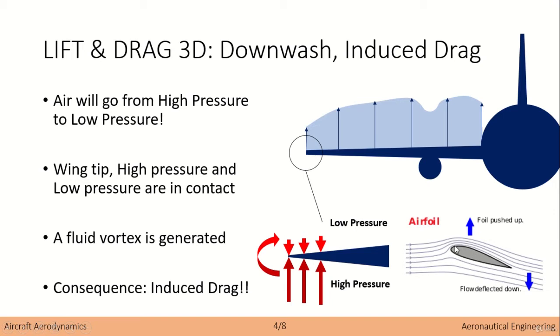So the wing is some kind of surface, some kind of material, which is separating the low pressure on the top and the high pressure on the bottom. And because we have a different pressure on the top and on the bottom, and there's a fixed material in the middle which effectively separates the different pressures, we will have the foil being pushed up. So this is the idea again that we discussed before.